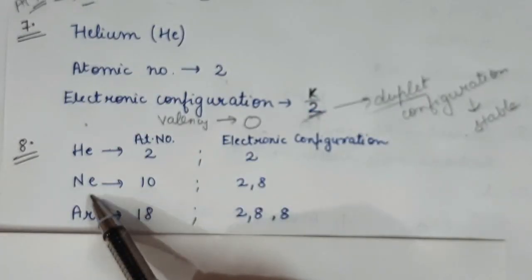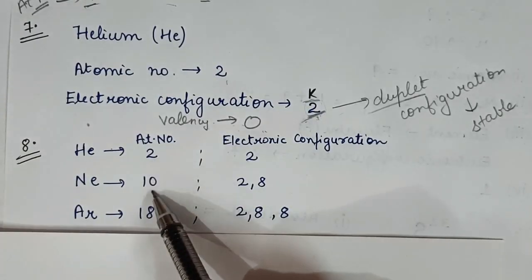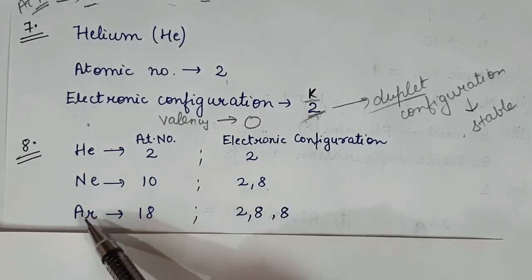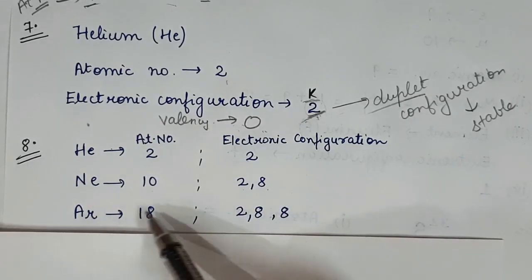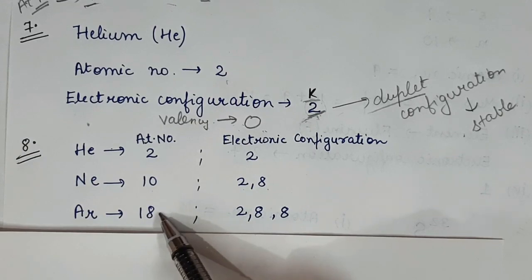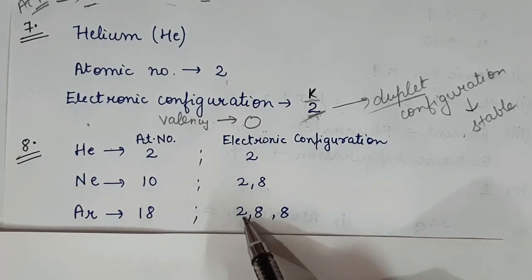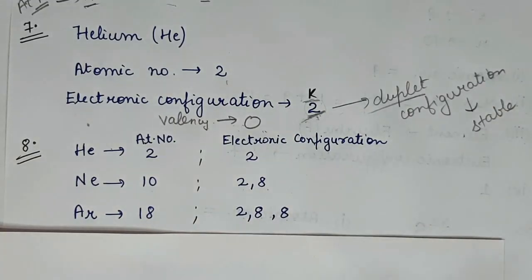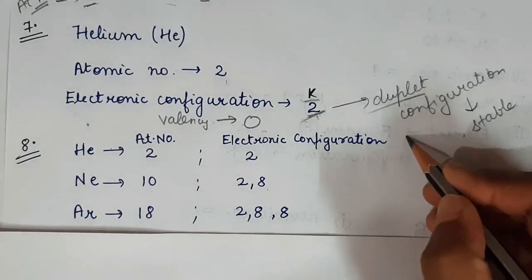Second is neon. Atomic number 10. Electronic configuration will be 2, 8. Third is argon. Argon atomic number is 18. So what will be the electronic configuration? 2, 8, 8.